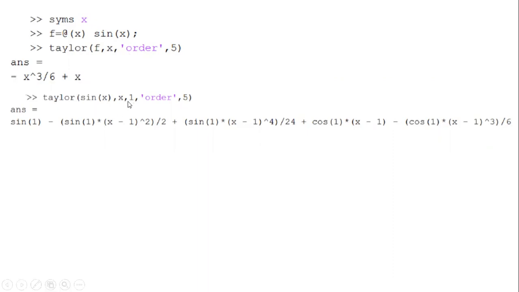So we define our a as 1, and we state here the same order. So this will give us this expression. So the highest degree would be x raised to n minus 1, which for this case our n here is 5, so up to 5 minus 1 is 4.